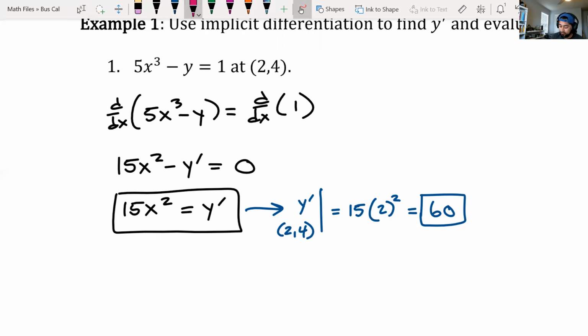It depends on the derivative. Let's say if my derivative ended up being 15x squared plus y, then I would plug that 4 in for y. But since there are no y's, we only have to plug in the 2. Yeah, I got you. All right. Any other questions on that?